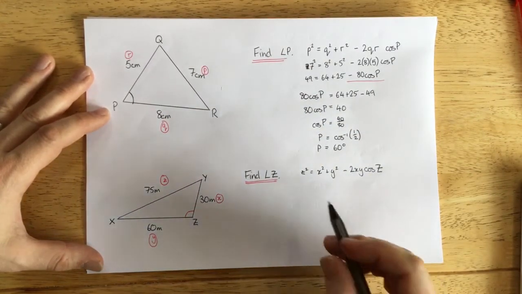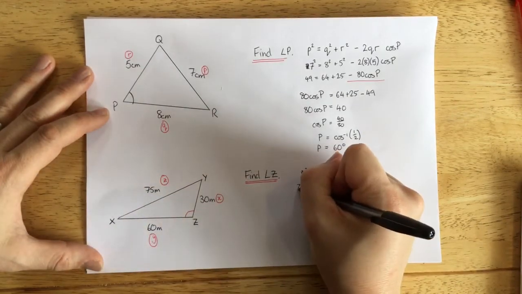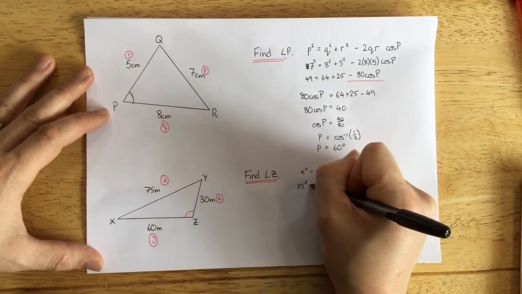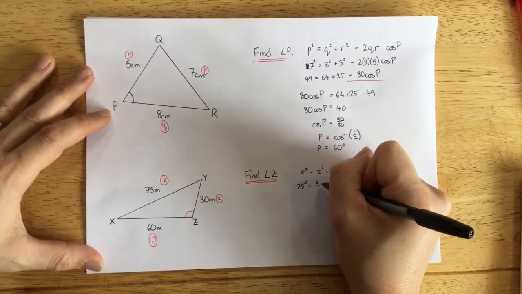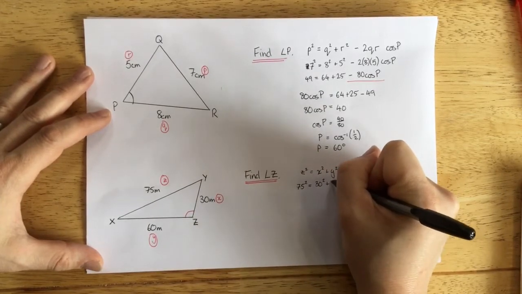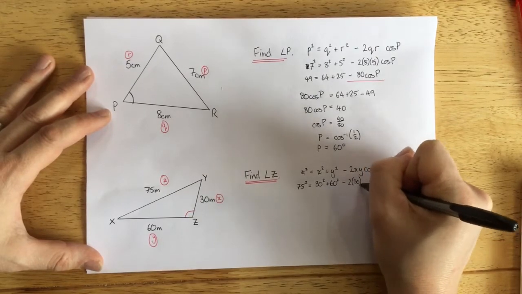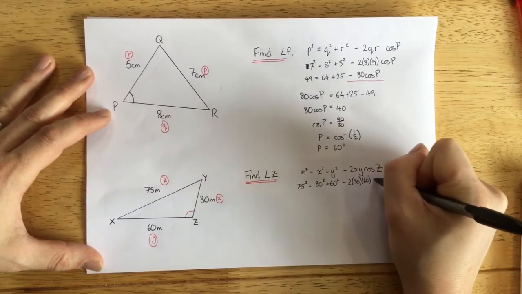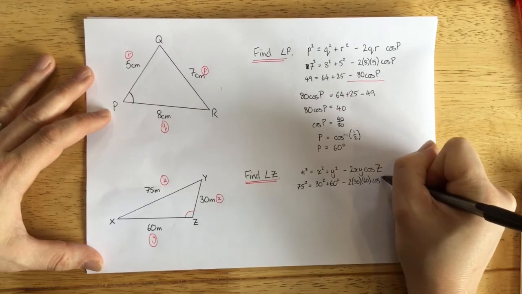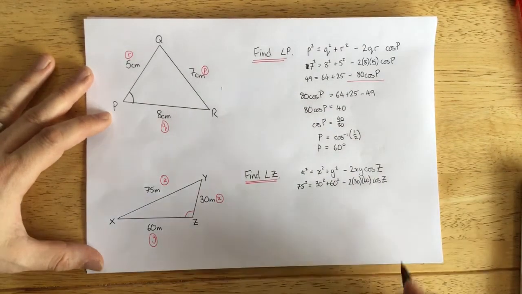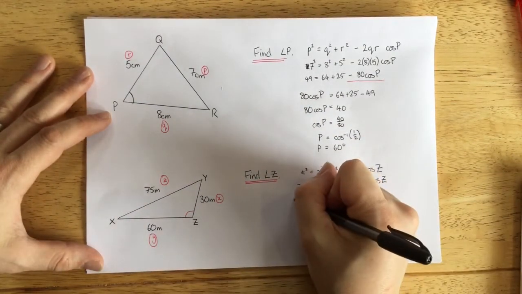And let's fill it in. So z squared, 75 squared, is equal to 30 squared plus 60 squared minus 2 times 30 times 60 times the cosine of z. Can we put that into a calculator?